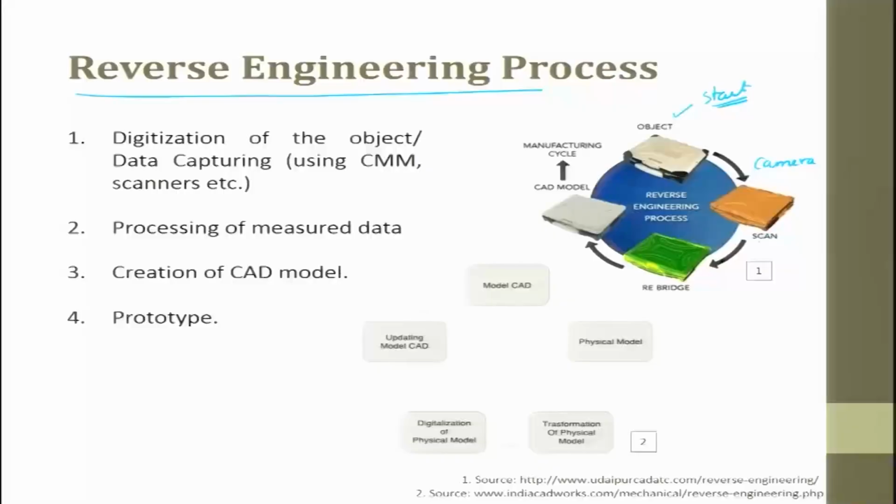Then we use reverse engineering RE bridge, and we try to make a CAD model. So this is scanning, this is the camera doing it. All this is got into XYZ data. Okay. This XYZ data is given back into a CAD, where the CAD is used to convert point to surface, surface to solid, and you also have to do some amount of patchwork.